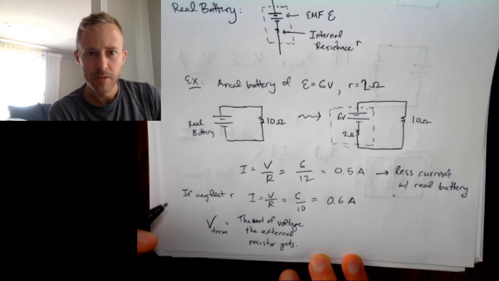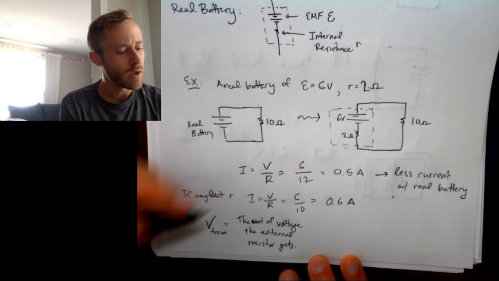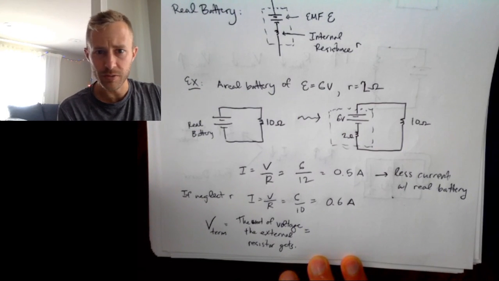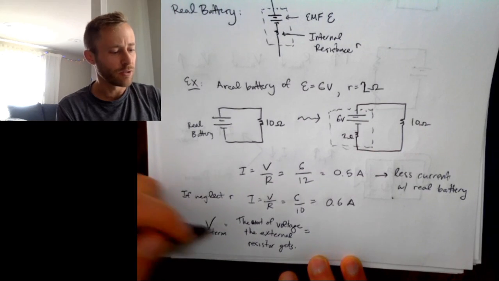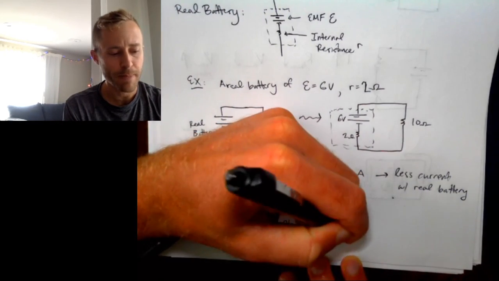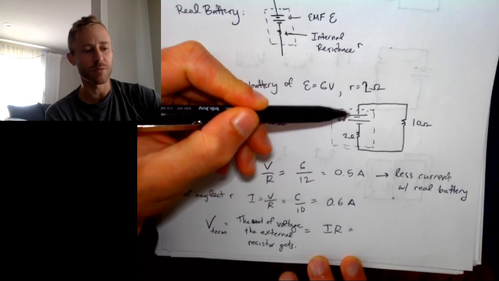Okay? We would do that with just the voltage is I times R. And if we think about it, how much current does the external resistor get?